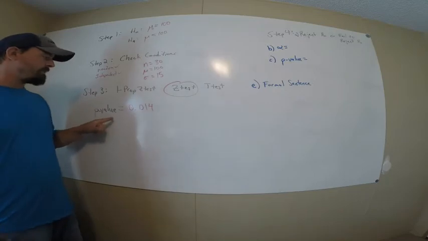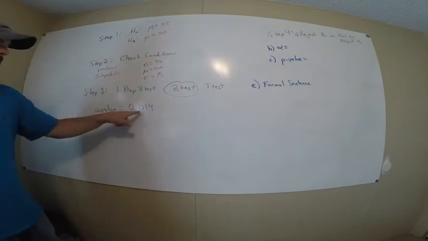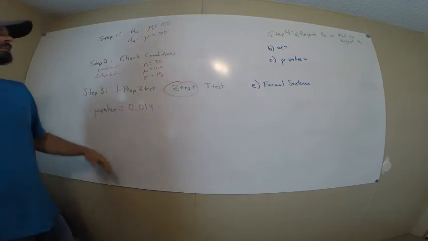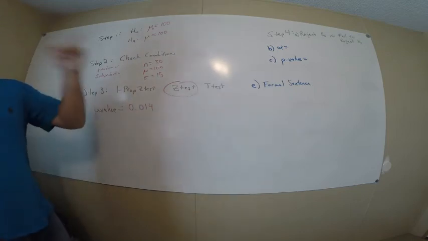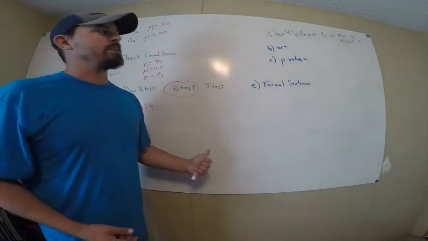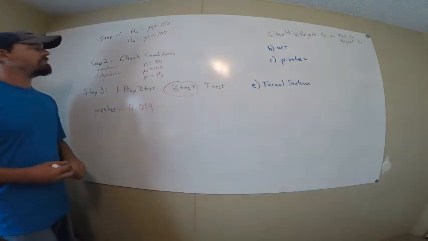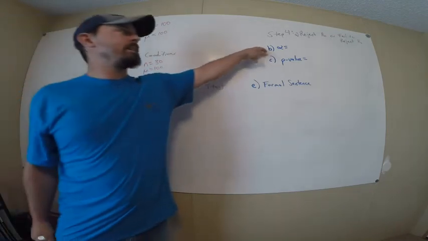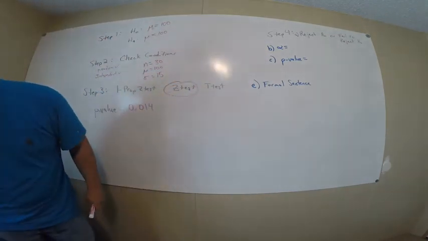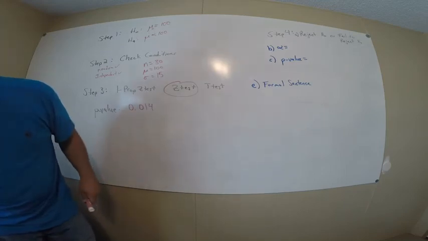So I put my p-value on the board. P-value is 0.014. I just rounded to 3 decimal places. Now, step 4. We need to reject the null hypothesis or fail to reject the null hypothesis. And you can basically use B and C in this part to solve your problem. So we already know what our p-value is.